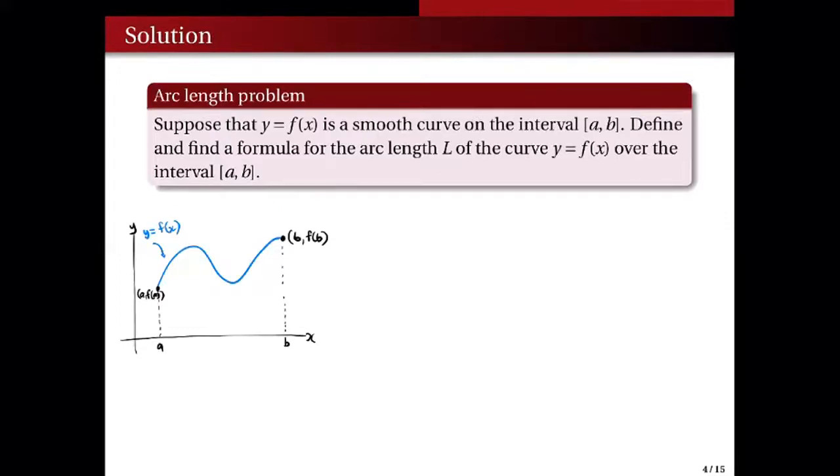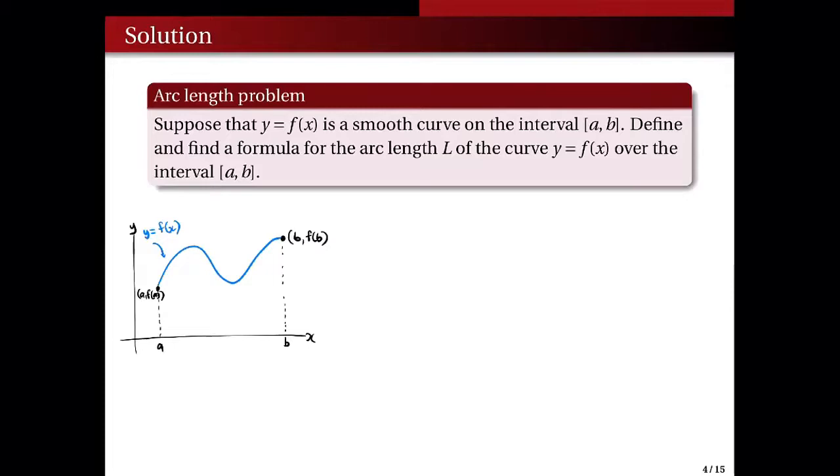Like before, in order to find the arc length L, we will use the same method as in finding the area of the region under the curve, or area between two curves, or the volume. They were all derived using the same method we use in defining the definite integral. I hope you remember these methods.